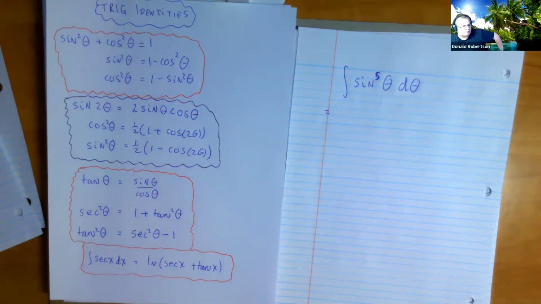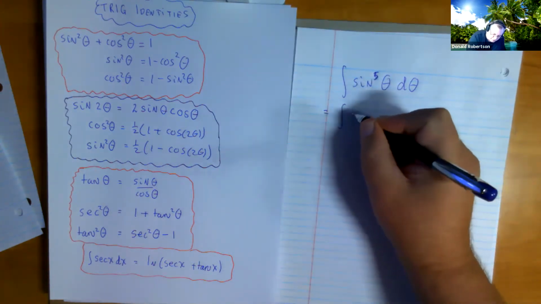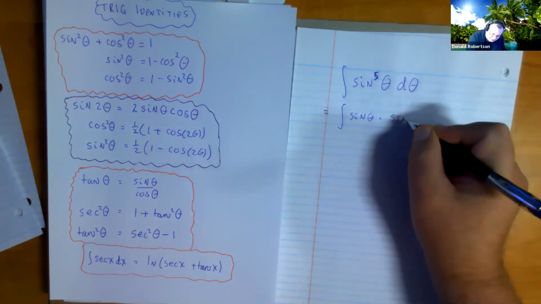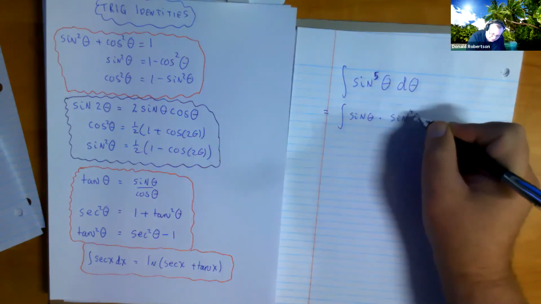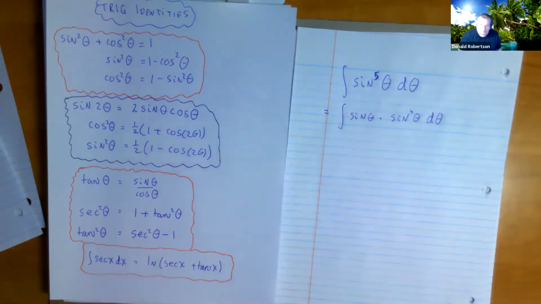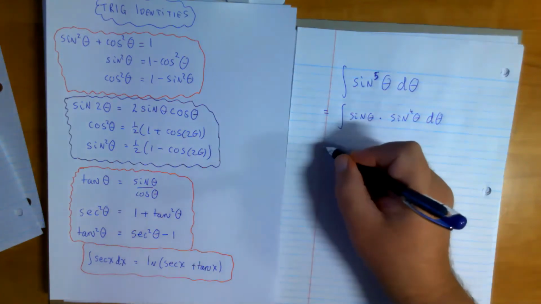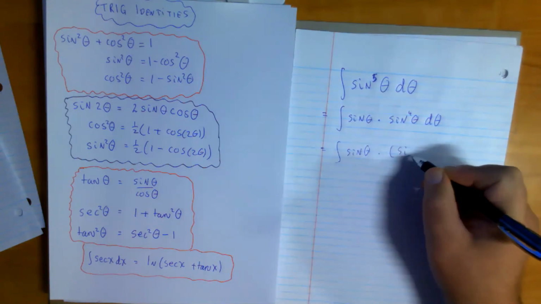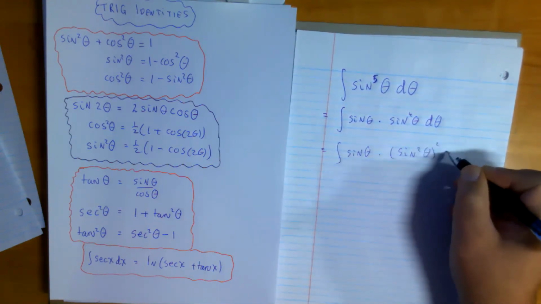Actually, it isn't the only u sub that's viable, sine theta, and that's not much use. So I know it's not going to really work. So I have to think, what do you do when it's a single odd power? Well, you break it apart by sucking out only one sine, in which case I now have sine to the 4. And then you can put that in terms of cosine and use cosine as your sub, which would cancel out that extra odd sine theta.